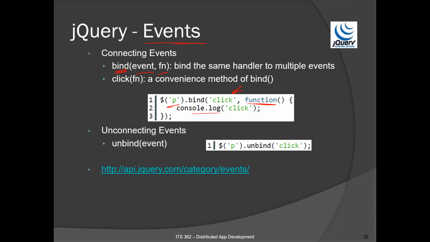Again, it's still name value pairs where the name is the event and the value is the function itself. Notice these are anonymous functions. They don't have a name because you already know what they are tied to. But this could be a lot of code, as we will see later. We can, of course, unbind, and that's just unlinking things, so that the effect no longer applies as we start using the website.